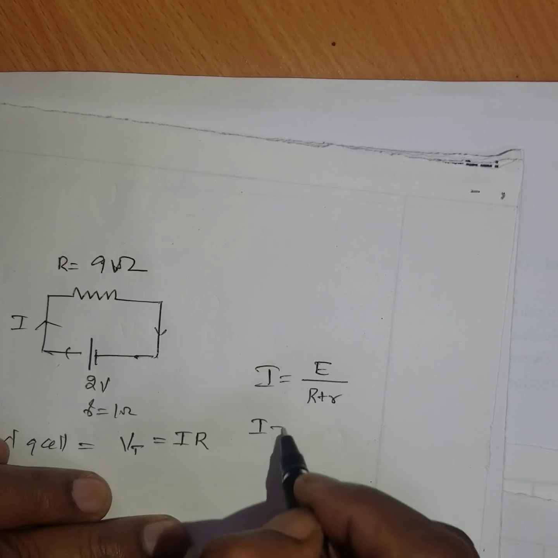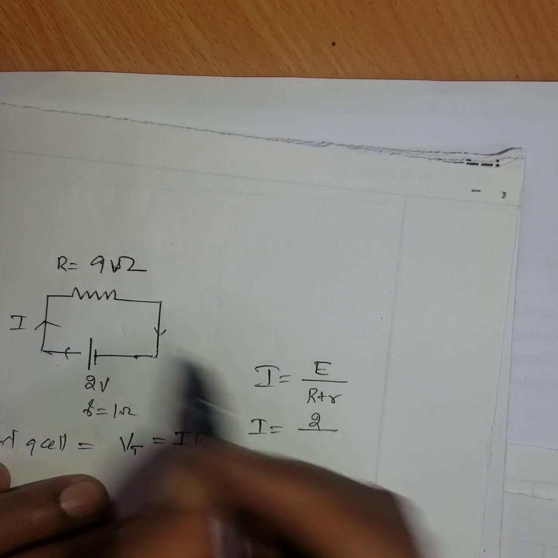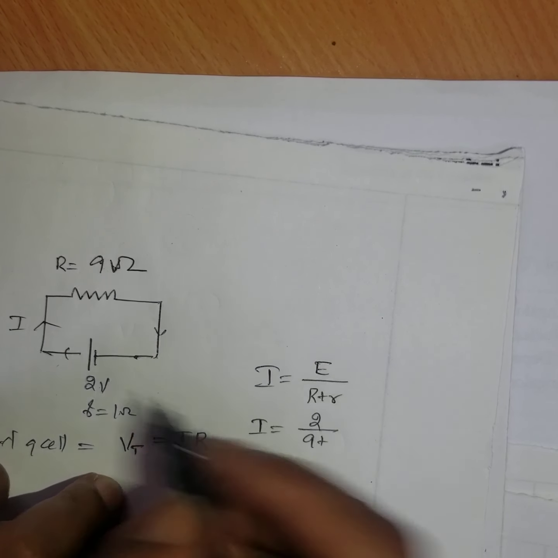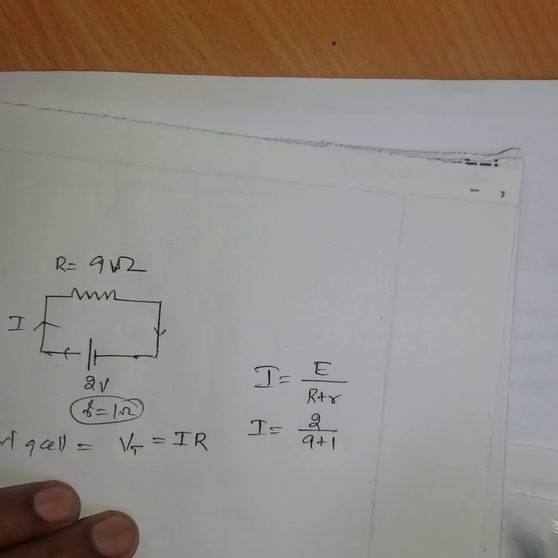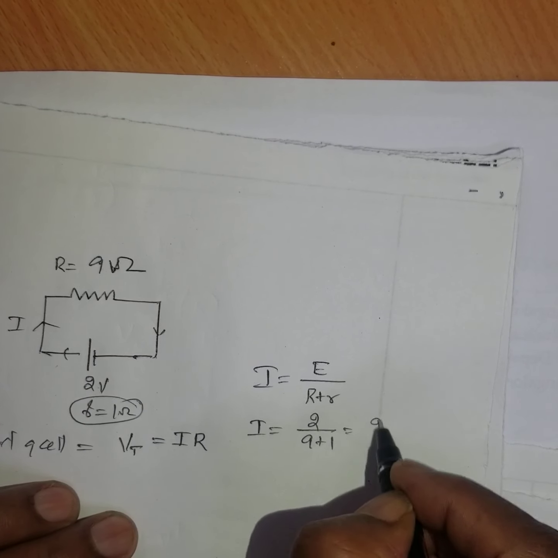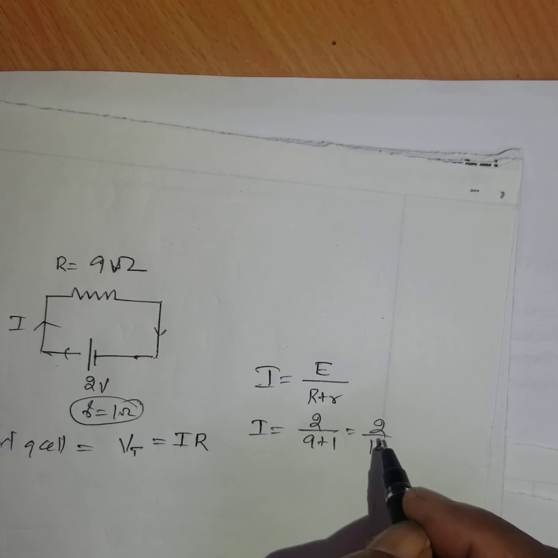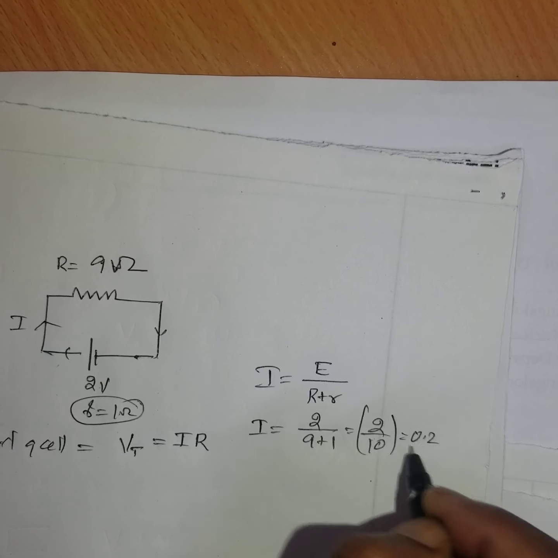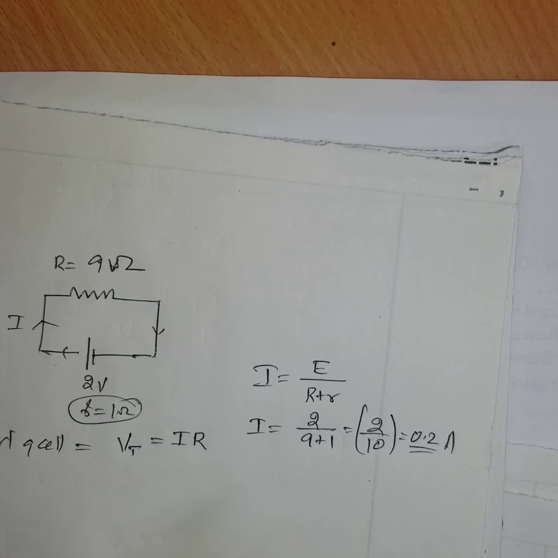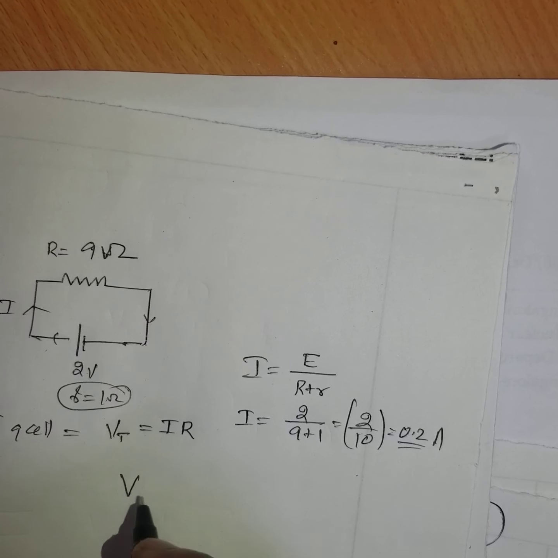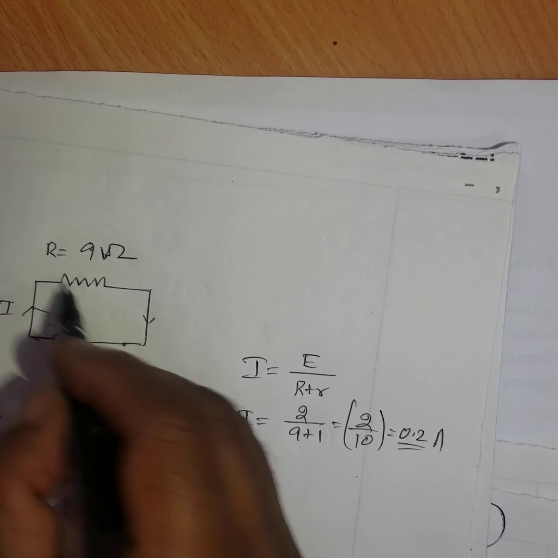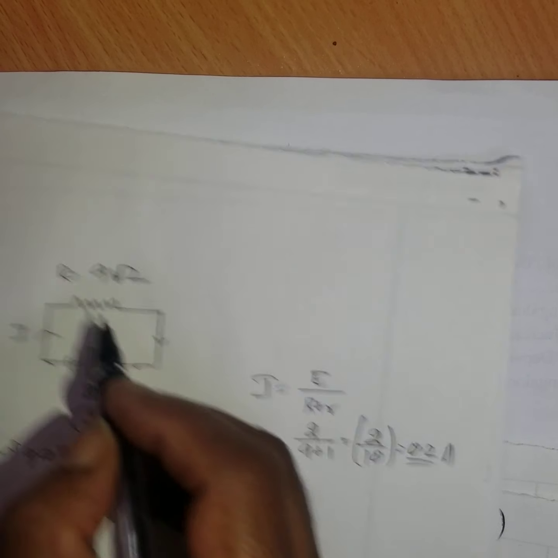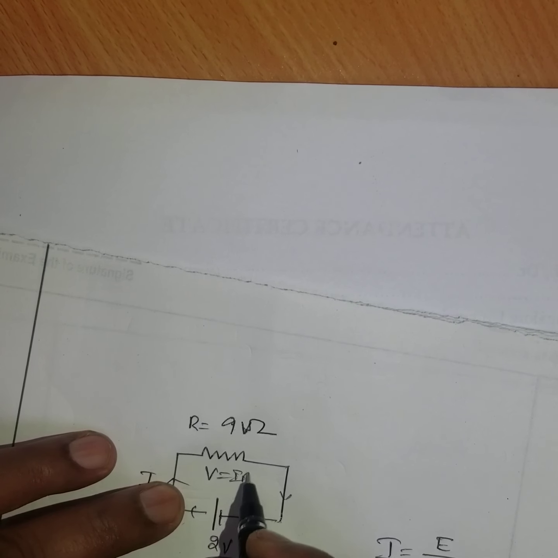Current is equal to EMF is how much? 2. External resistance 9. Internal resistance 1. Therefore, how much? 2 by 10. Right? Or 0.2 ampere. Current you have got it. What is terminal potential? Terminal potential is equal to V is equal to IR. No? V is equal to I into R.